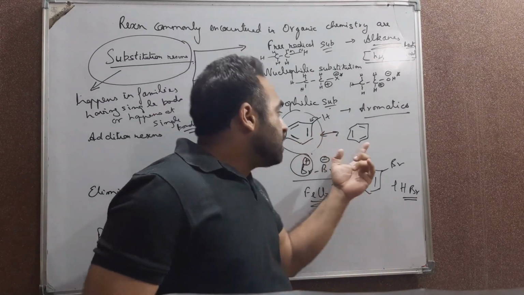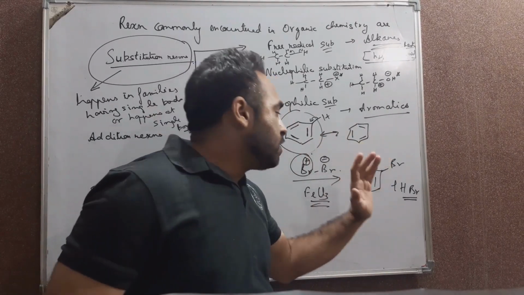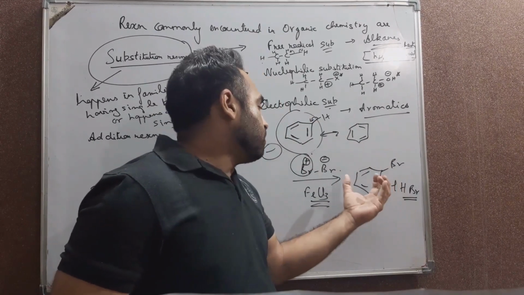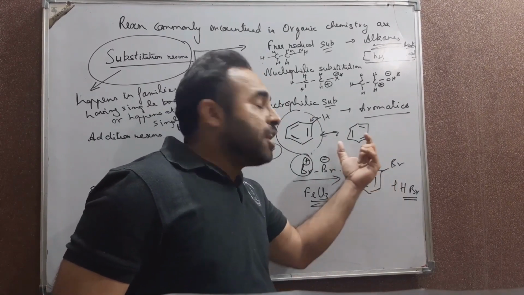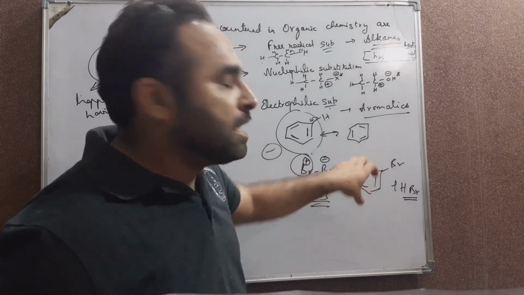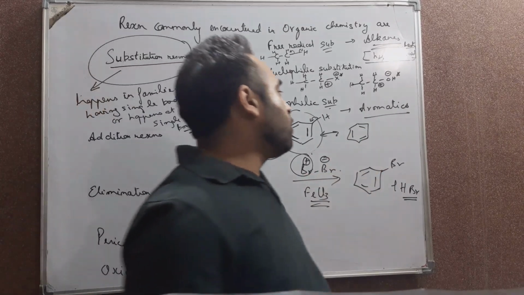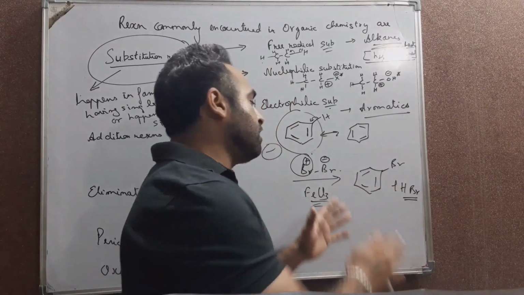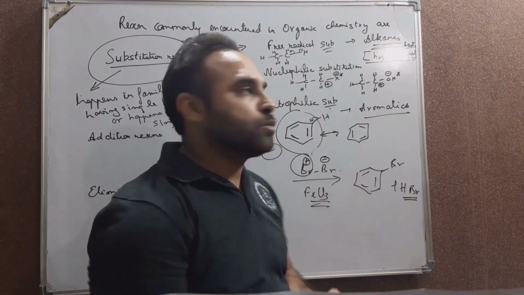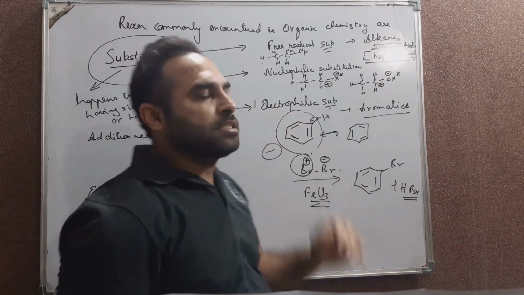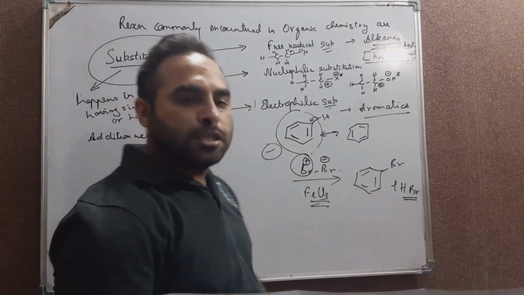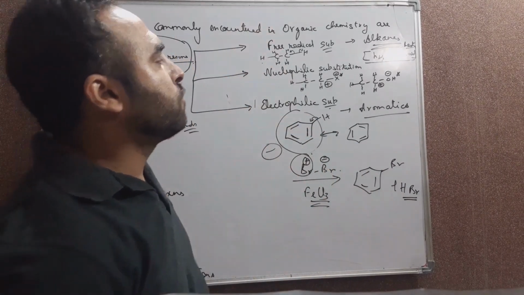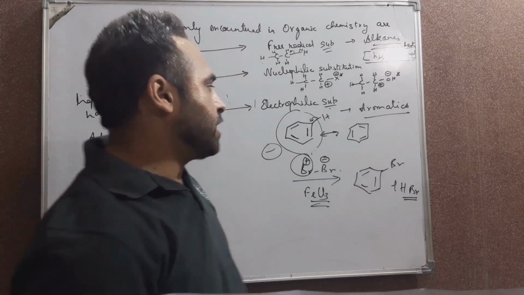Because this is aromatic. If I try to break this pi bond, if I try to do addition reactions on this benzene, those will be very difficult because when I try to add a reagent, its aromaticity will be lost. So the aromatics show which reactions? Electrophilic substitution reactions. These are three kinds of reaction which you will expect.